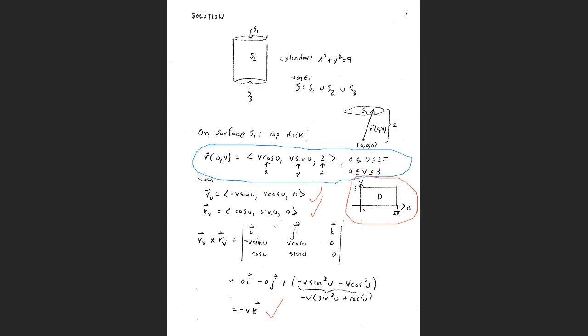So when you're ready now, we'll move to the next page. We have to find now the length of this cross product vector. All right, so when you're ready, we'll go to the next page, okay?